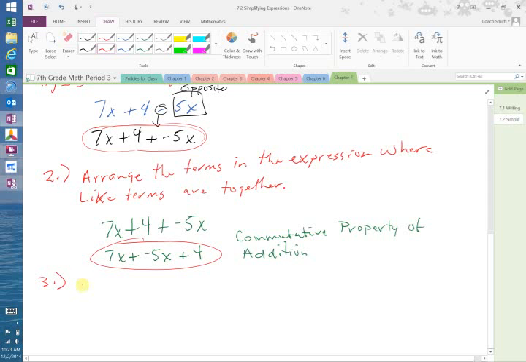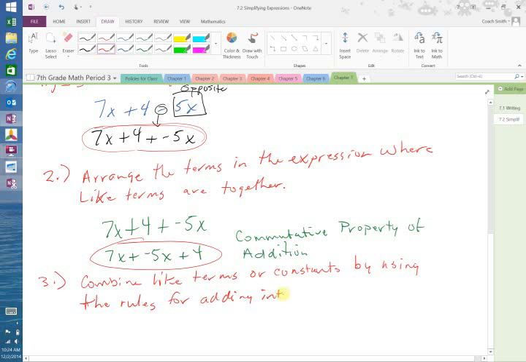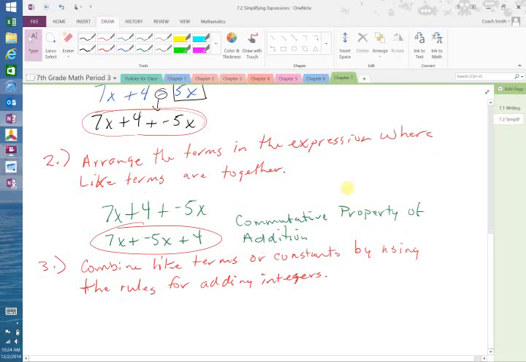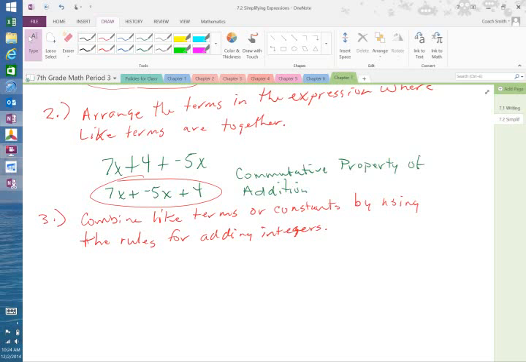Step 3 is to combine like terms or constants by using the rules for adding integers. So in other words, all the stuff we learned in Chapter 6 is going to have to be applied here.